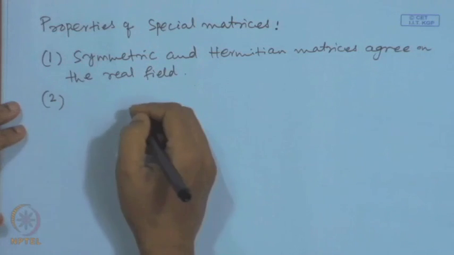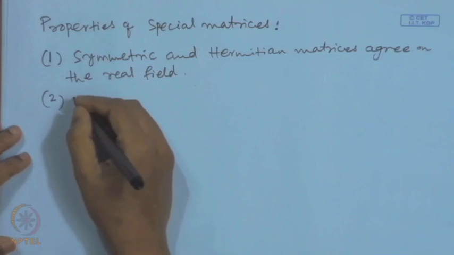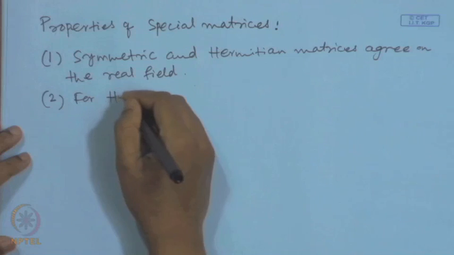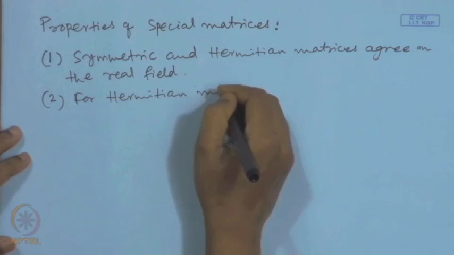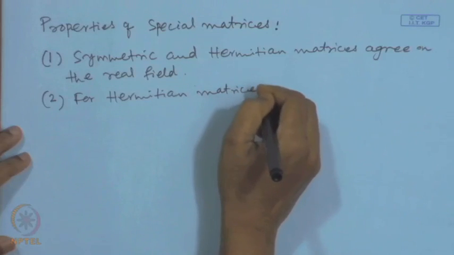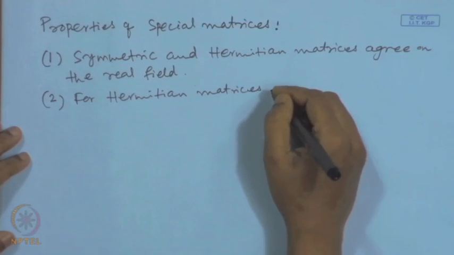Second property is that for Hermitian matrices, all diagonal entries are real.